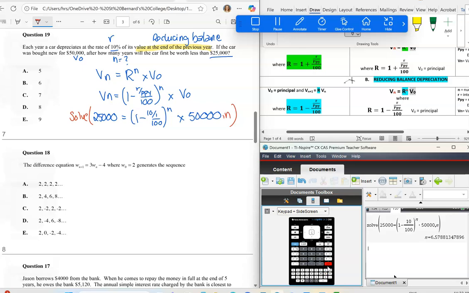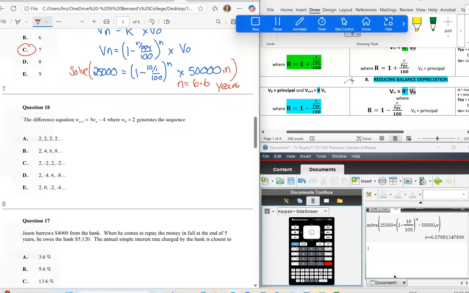So it said that it's going to be 25,000 after 6.6 years. So if I went to 6 years, it won't be that value yet. So how many years am I going to say? 7. Good. We've got to go up.